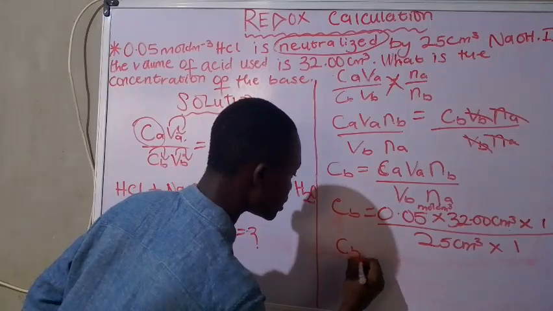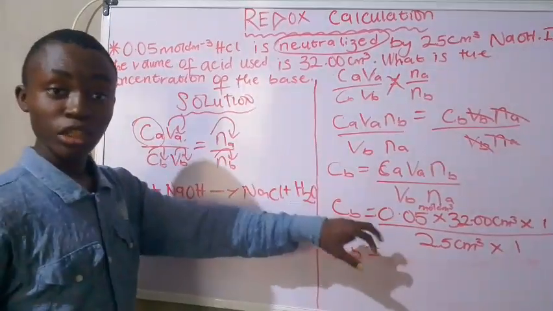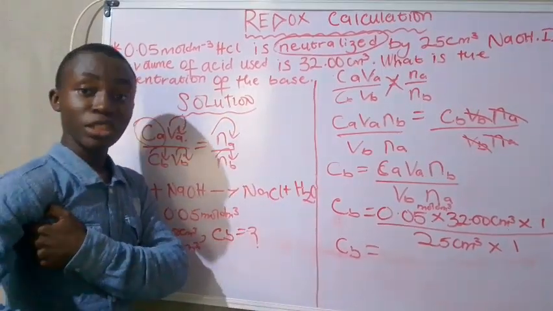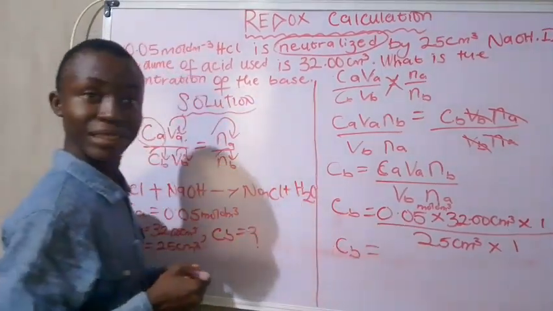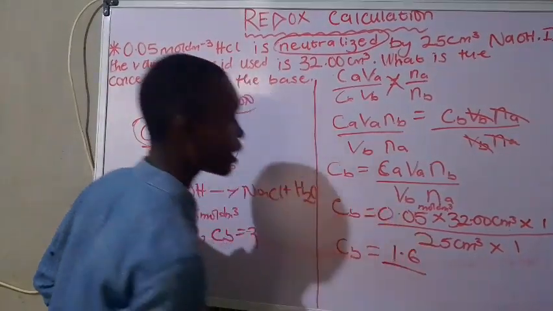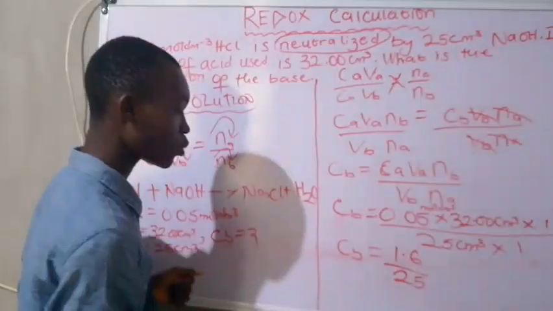Now CB will be 0.05 times 32.00, which is 1.6, over 25 cm³.